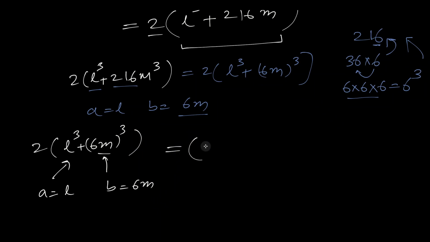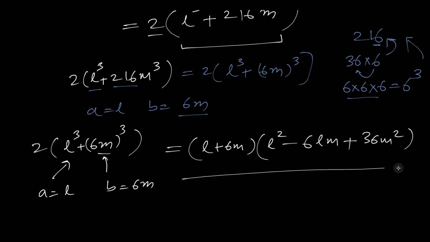A plus b, which is l plus 6m, and a square is l square, minus ab. Ab is l multiplied with 6m, it is going to be 6lm, plus b square, 6m square. So what is 6m square? It is 36m square. So this is the answer.